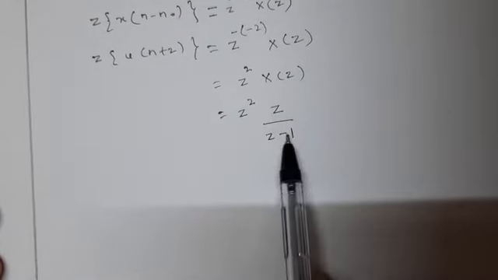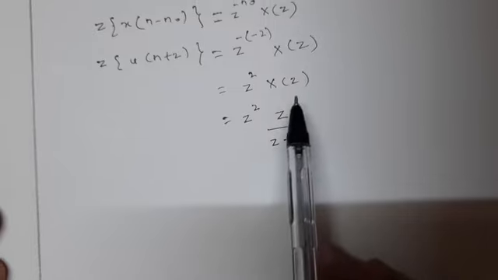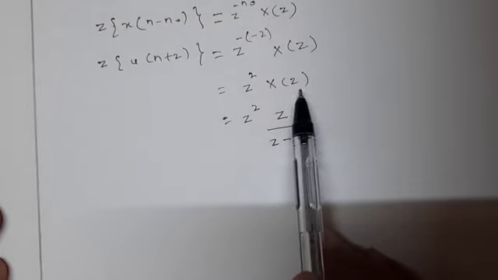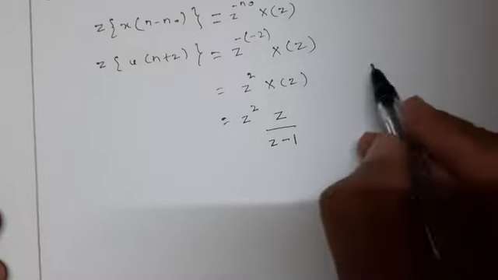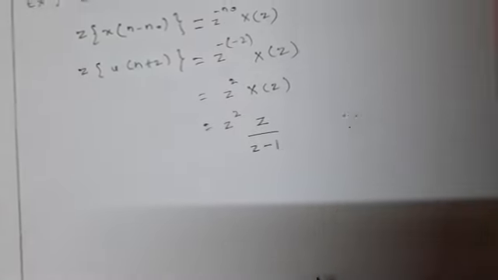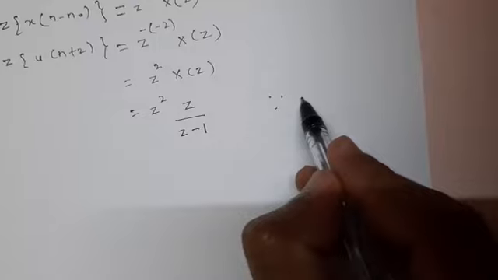How did you get this z divided by z minus 1? Z transform of u of n gives you summation n equal to minus infinity to plus infinity. If you want, I will solve it.